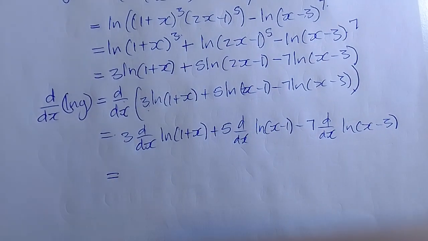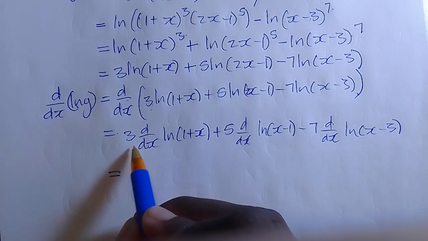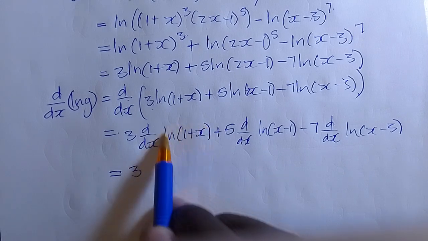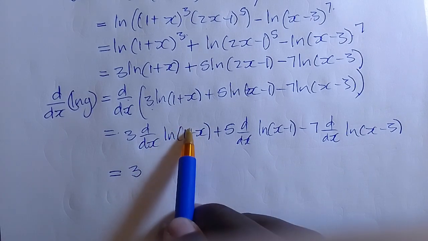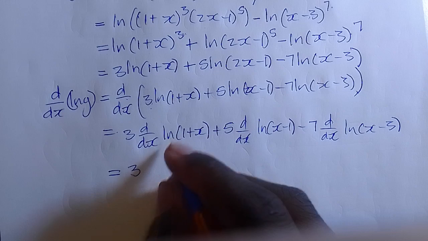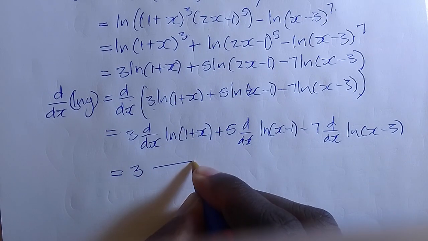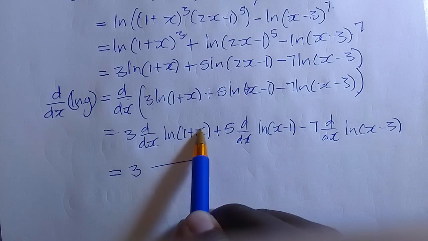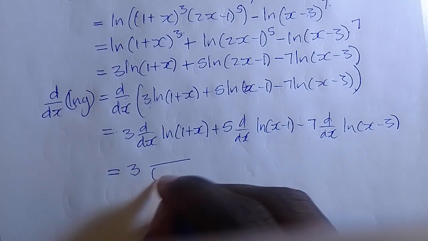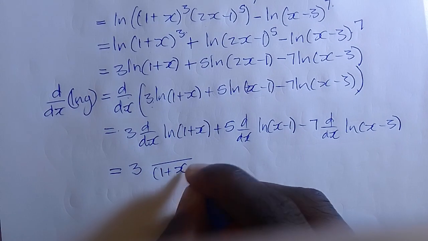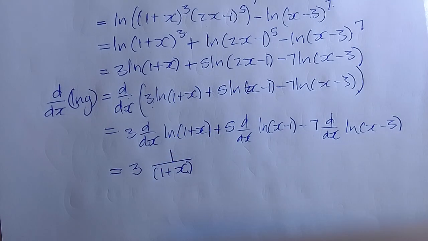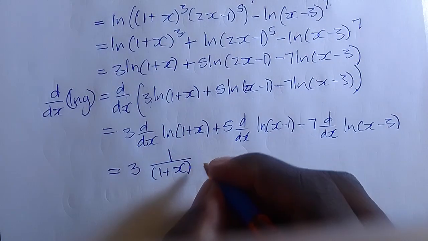Okay, so now it's time to find the derivatives. Here we have 3, and the derivative of ln (1 plus x). If you want to find that, there's a video that I teach it on, but the simple way to do it is you take this, you make it your denominator, 1 plus x, and then you find the derivative of this, it's 1, you put it there. Done.